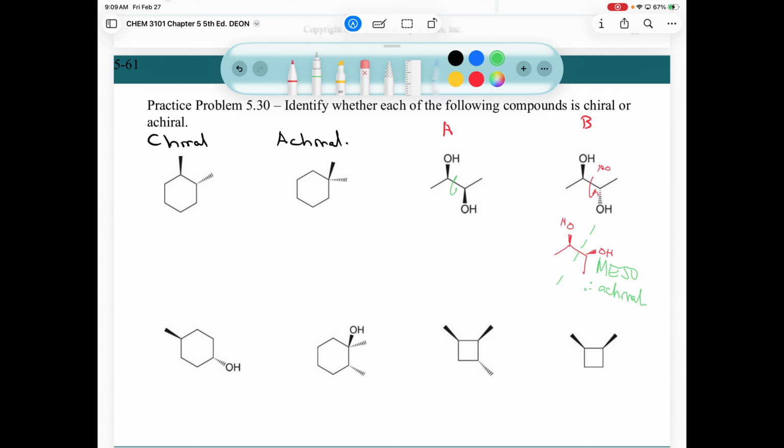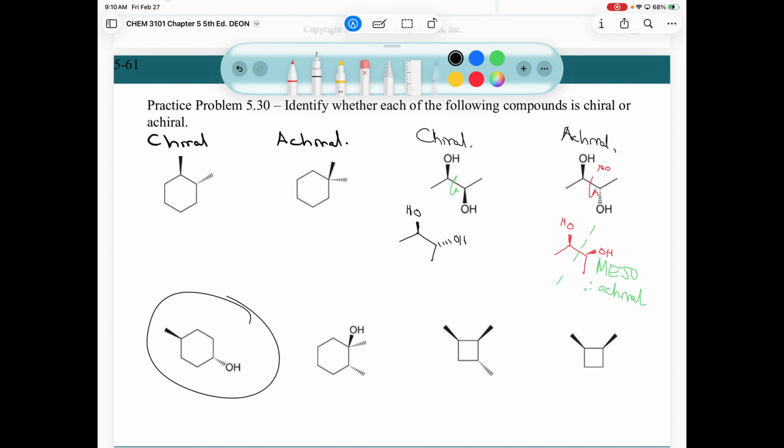If you rotate this bond 180 degrees, you end up with this, where you have the hydroxyl pointing up and this one pointing down. That has an enantiomer, and so it is a chiral compound. So we'll put here chiral, and then here we'll put achiral. Good.